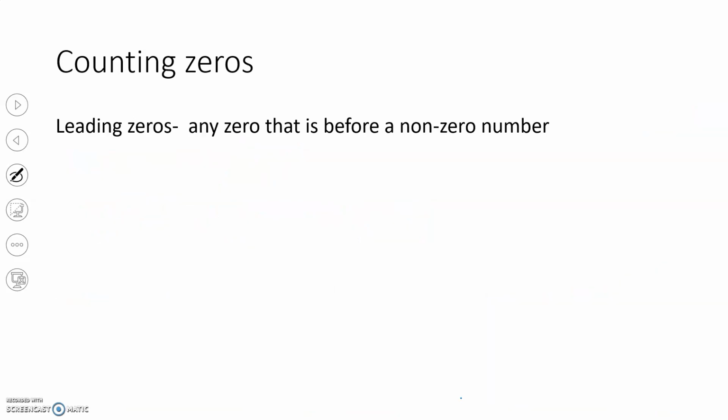The last thing, leading zeros, these are never significant. Typically, you only see leading zeros with decimal numbers. So this is any 0 that's before a non-zero number. So for example, this number here has 2 sig figs. Our 1 is significant, and then our 0 in behind that is considered to be significant.